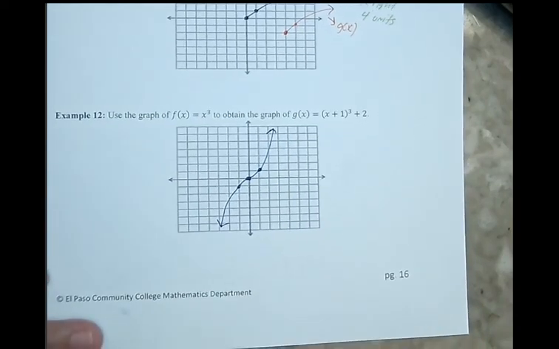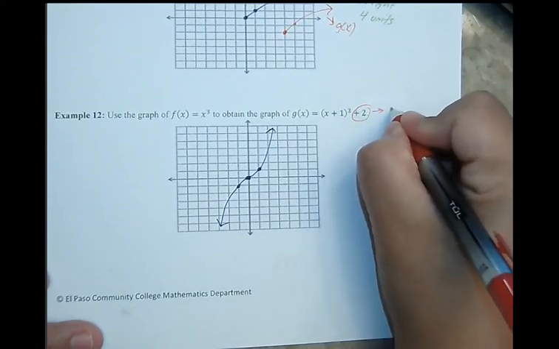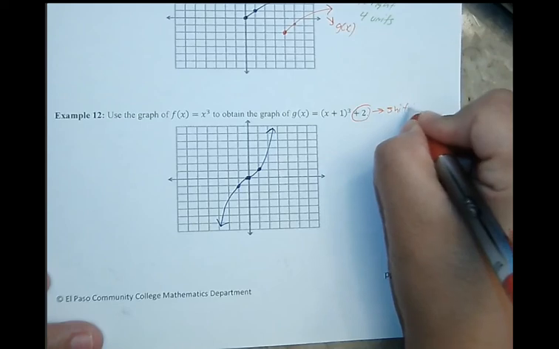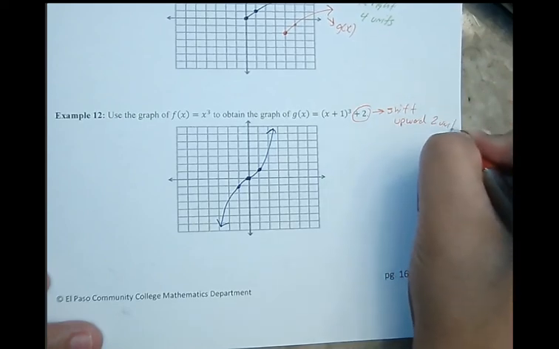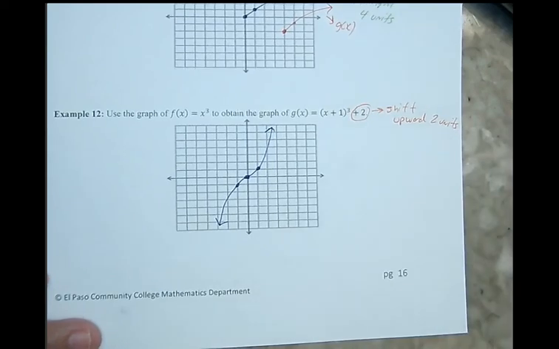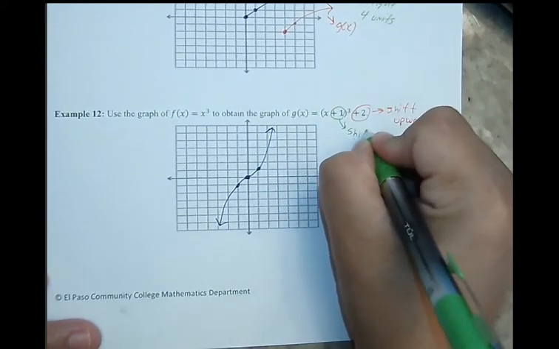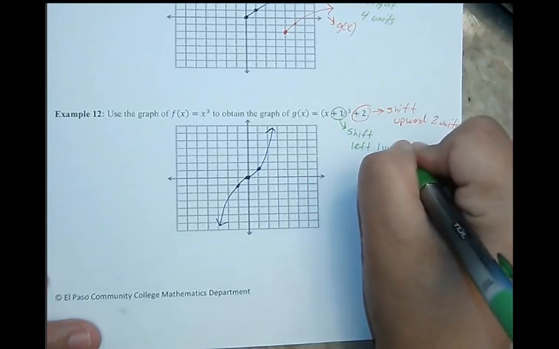And then let's see what happens here. So the plus 2 tells me I'm going to shift upward 2 units. And the plus 1 means that we're going to shift to the left 1 unit.